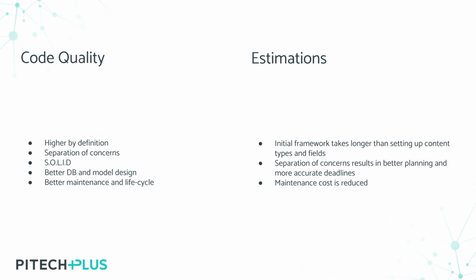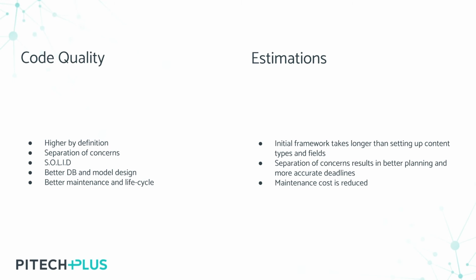So by using design patterns and using custom entities, we are making our own code more readable. We have separation of concerns, which means that we are less prone to have bugs in our code.